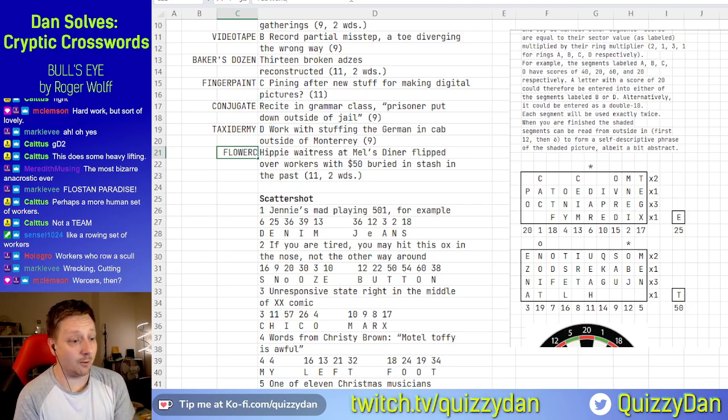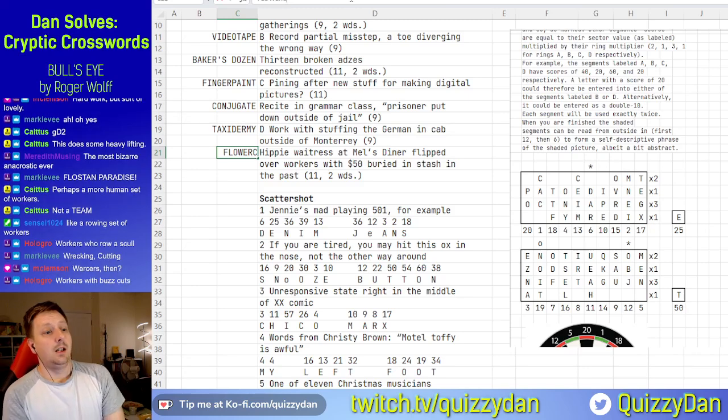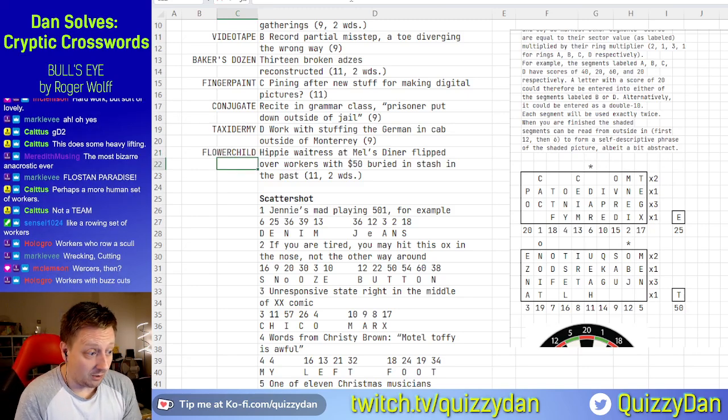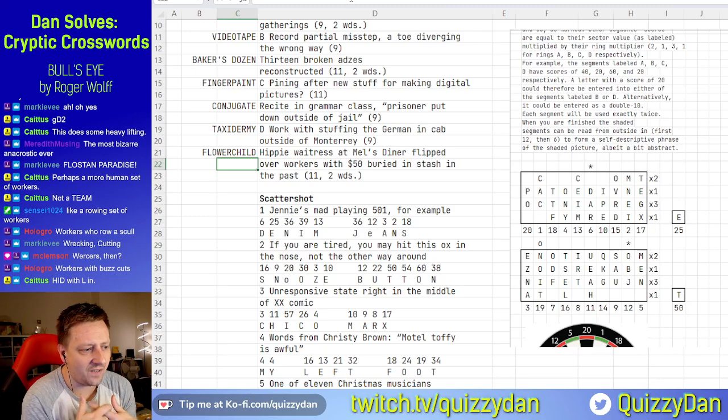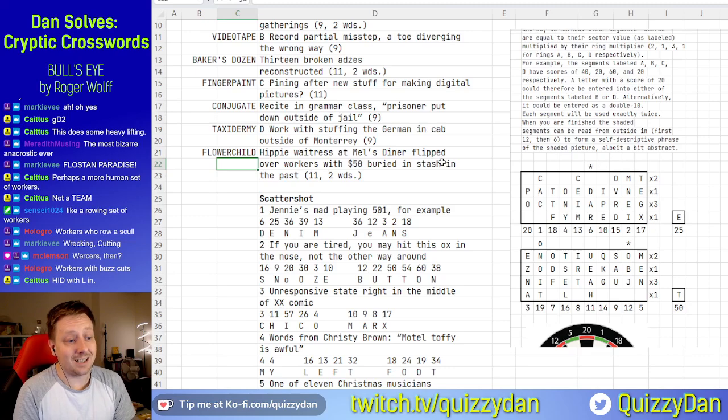Okay, so we've got flower. Child, I would imagine. Flower child, because I said it could end in child. Flow. Crew reversed with $50 buried, and that's hid. So it's L in hid. Stash in the past? Oh, buried in stash.